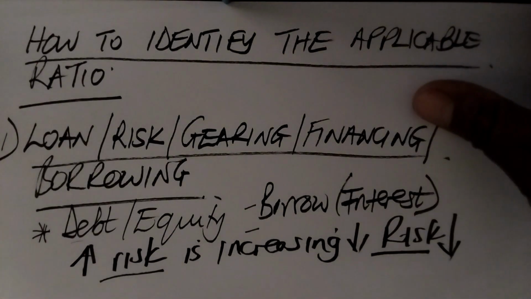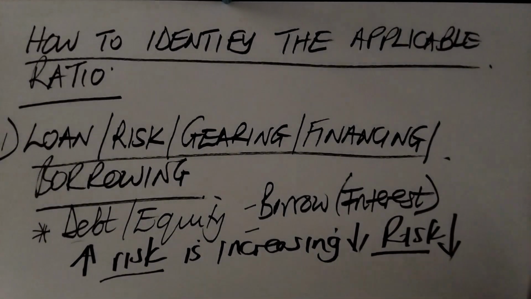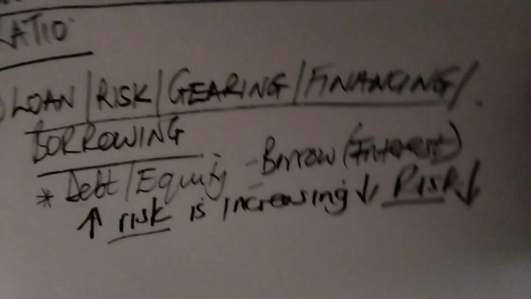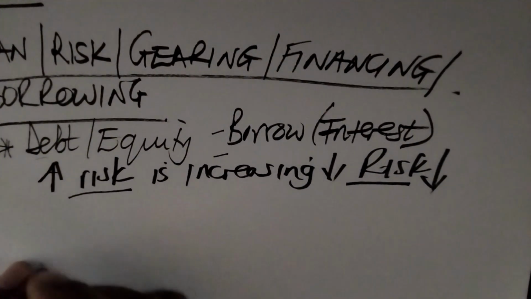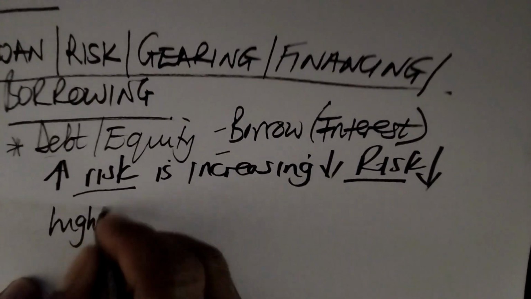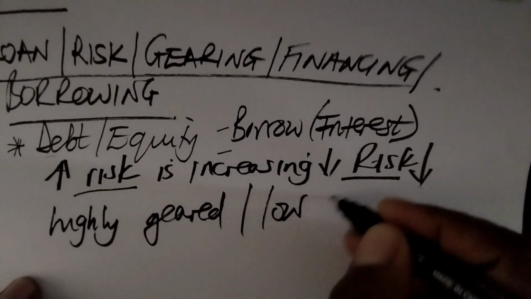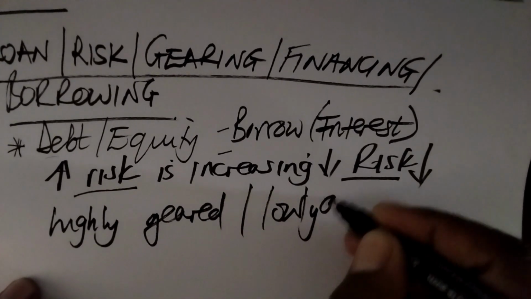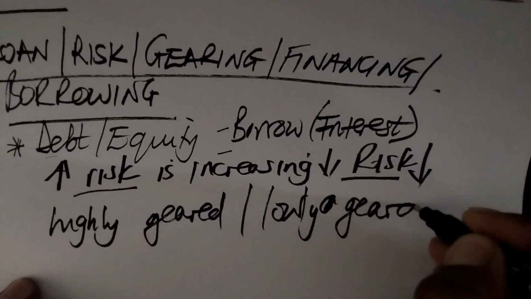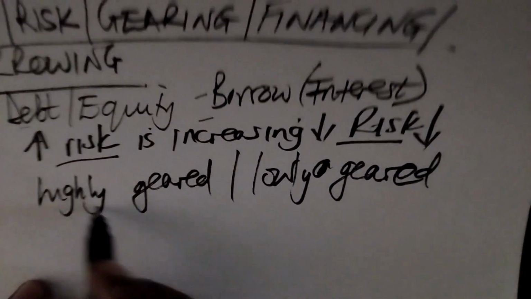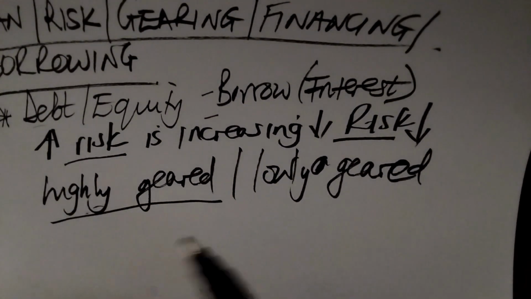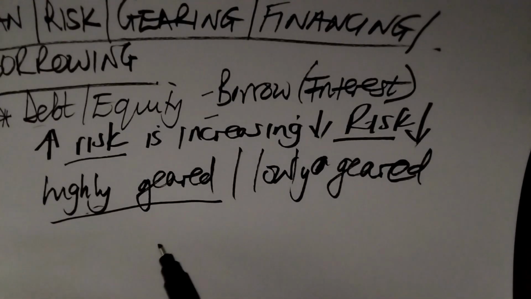Now, the other critical part in your debt equity ratio in the risk is whether a business is highly geared or lowly geared. What are we talking about? When you say a business is highly geared, we're saying the majority of the assets that the business has are bought using borrowed capital.